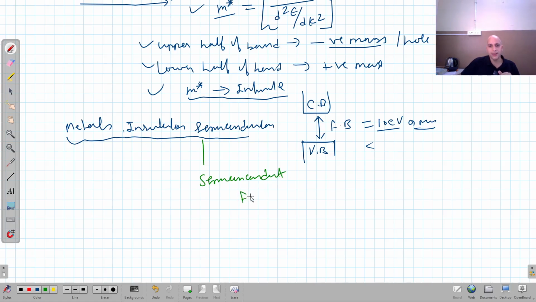The forbidden band limit is between 1 to 10 electron volt, even less than 10 electron volt, but for most of the semiconductors that we see in nature, they have a range in between these energy limits, right?